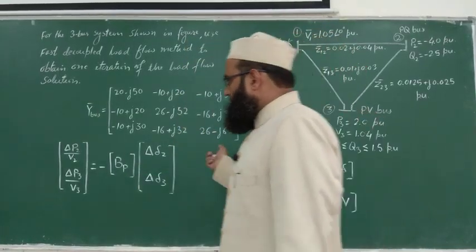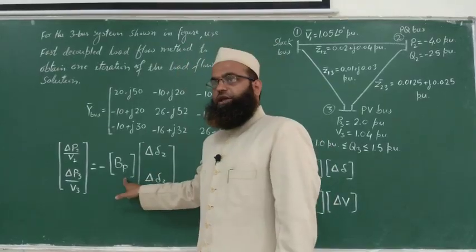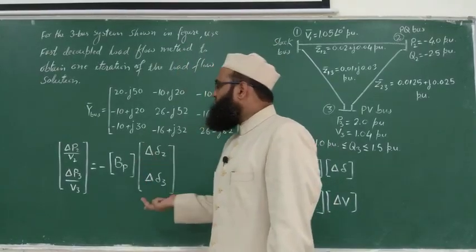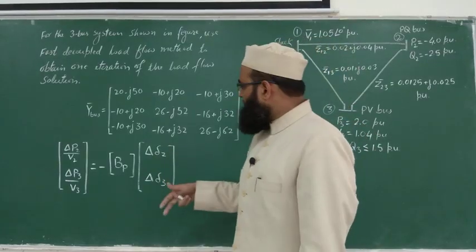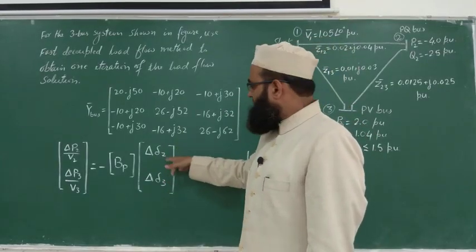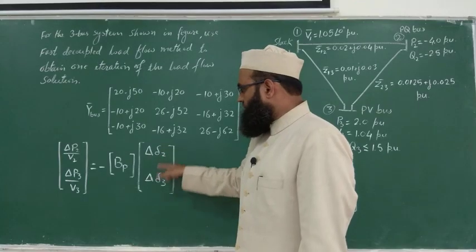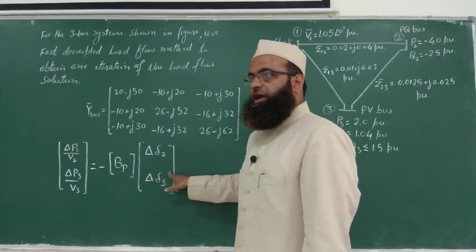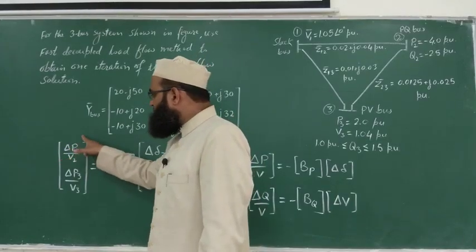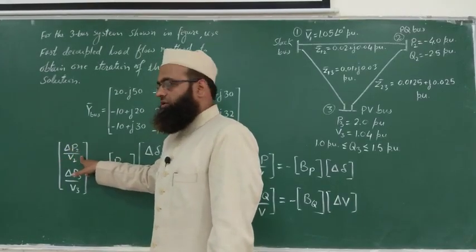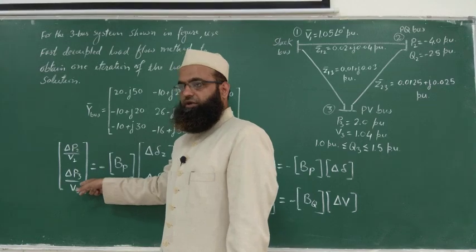Fine. So once this is evaluated, if you want to evaluate the variables at the end of first iteration, you need to evaluate these two represented by del delta 2 0, del delta 3 0. That will be obtained with the help of this constant matrix and del P2 0 upon V2 0 and so on, isn't it?